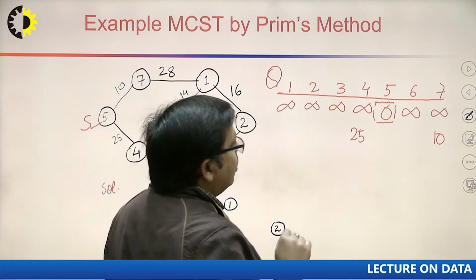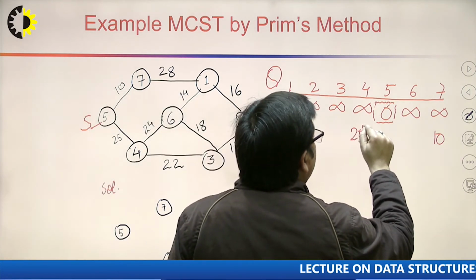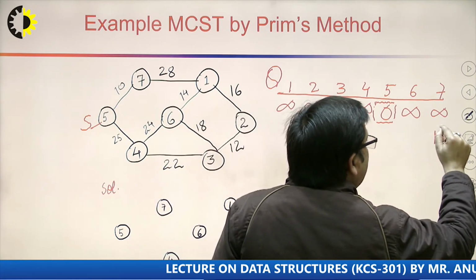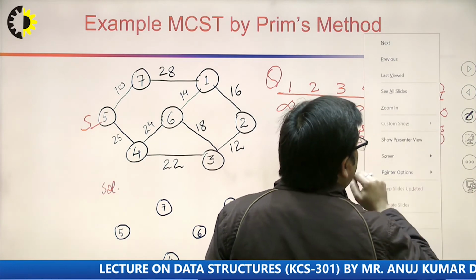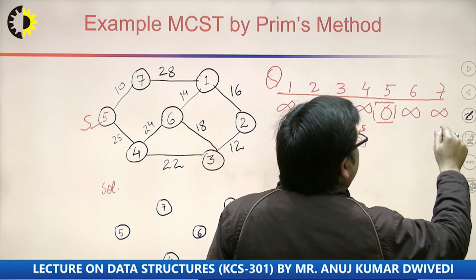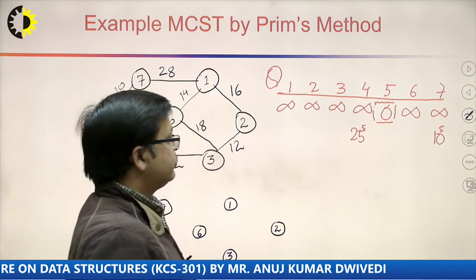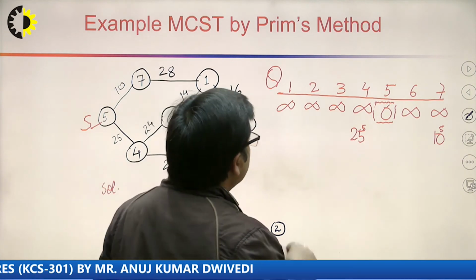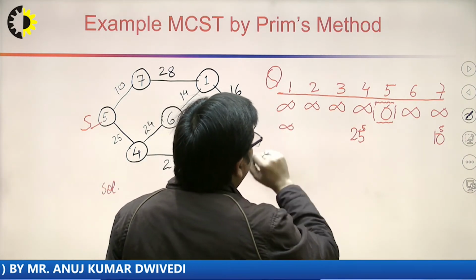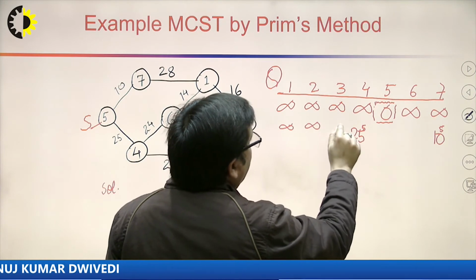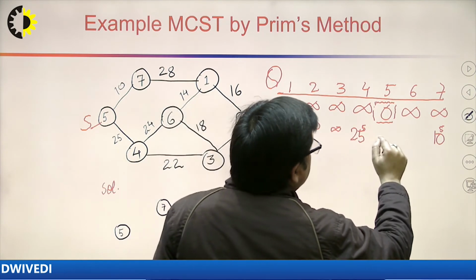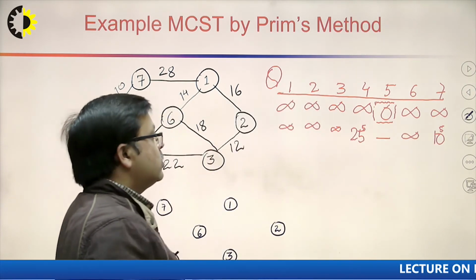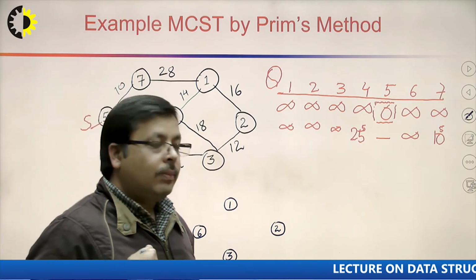So, the parent of node 4 is 5, and the parent of node 7 is 5; we mention it here. The remaining vertices stay as they are in the queue: the weights of 1, 2, 3 and 6 are infinity, and 5 is no longer in the queue. So, this is one process completed.